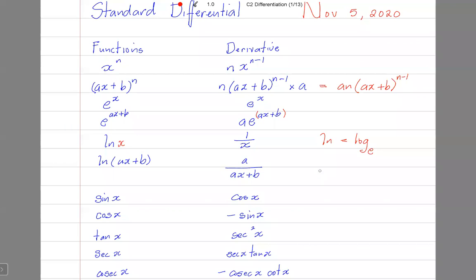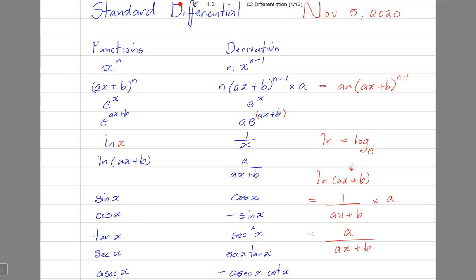So if I have ln(ax + b), I differentiate the outer function to get 1 over (ax + b), and then multiply by the differential of the inside function. The inside function is ax + b. When I differentiate ax + b, I get a. And so my final answer would be a over (ax + b).